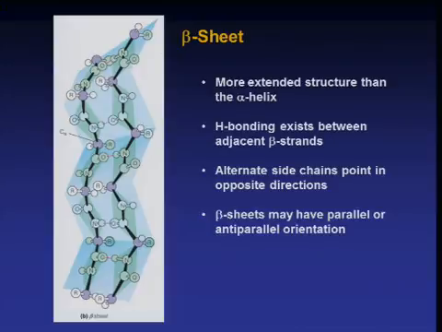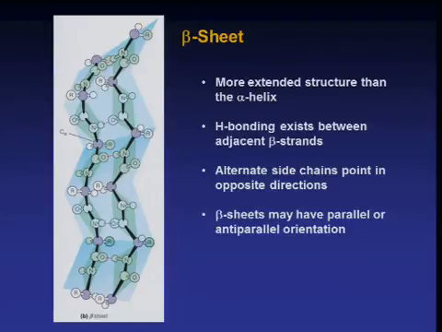The hydrogen bonds here exist between the adjacent beta strands. So in the helix, the hydrogen bonds are projecting, right, in the same axis as the helix. Here, the hydrogen bonds are going across between the two strands.